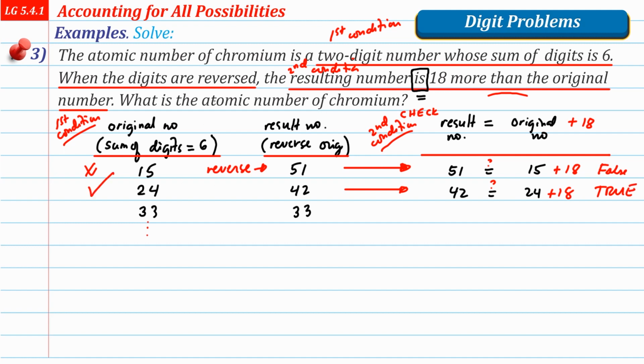So, ang tanong is, again, huwag kang excited. Anong gagawin natin? Ano ba yung tinatanong? What is the atomic number of chromium? Ilalagay ko dito. The atomic number of chromium is, ano ba yon? Original o yung resulting number? Original, yun, 24. Very good.